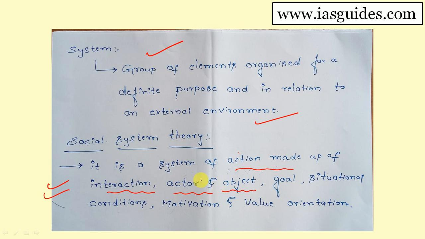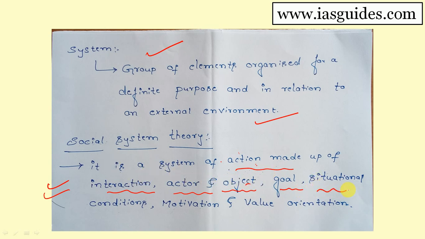The system also consists of goals that should be attained by individuals. The actor is seeking a goal, or a set of goals, in a social system like society. Also, the actor is faced with a variety of situational conditions.